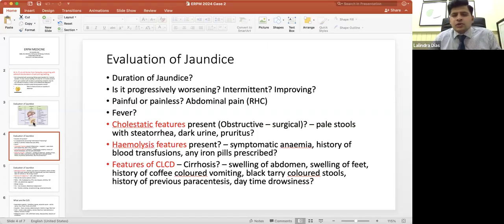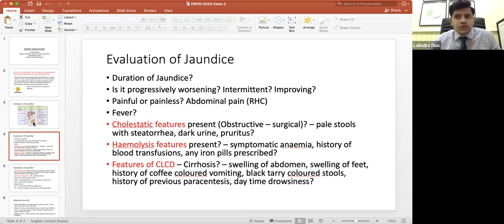Right. So those questions you do. You ask for the duration of jaundice, you ask for the nature of jaundice, the progression of jaundice. Is it worsening? Is it reducing? Or is it improving? Or is it intermittent? Then also you have to ask whether it's a painful jaundice or a painless jaundice. Why? Painful jaundice is where you get abdominal pain, right hypochondrial pain.